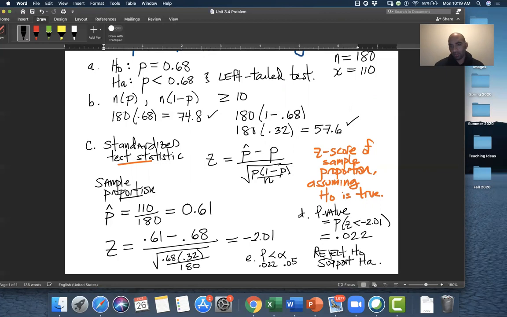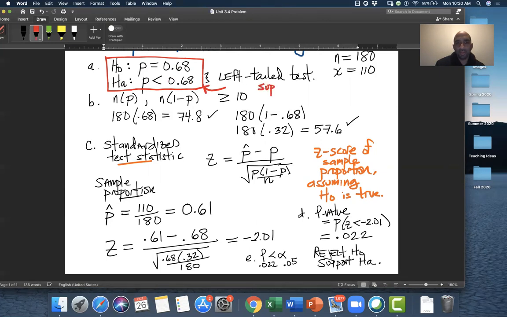So we're done with this problem. We are going to take a look at these hypotheses now. We're going to reject that the population proportion is 68%, and we're going to conclude that the population proportion is less than 68%. So we are basically supporting the alternative.